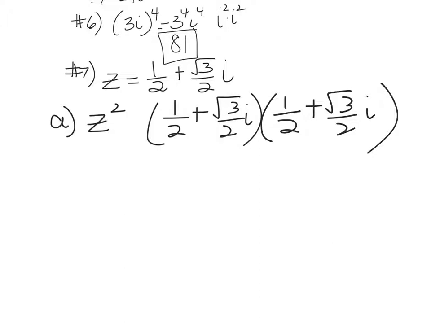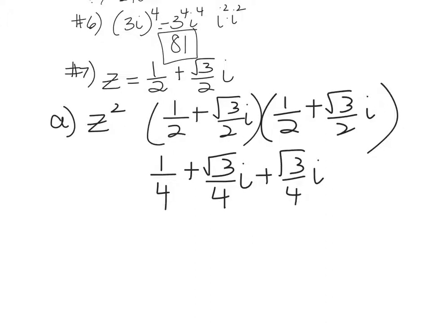So here we go. First, 1/2 times 1/2 is 1/4. Outside gives me rad 3 over 4 i. Inside gives me rad 3 over 4 i. We're going to combine those in just a minute. And then my last term is rad 3 times rad 3, which is 3. 2 times 2 is 4.